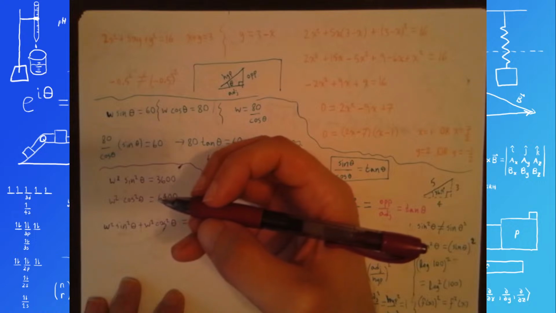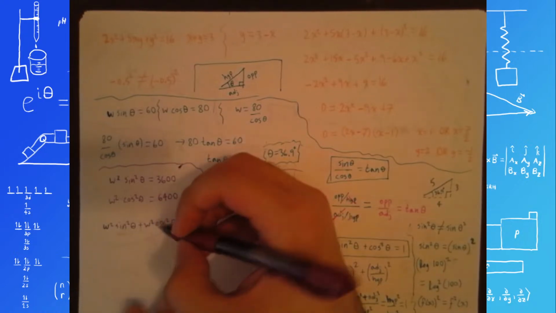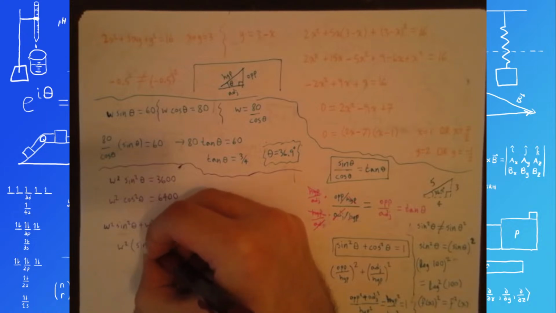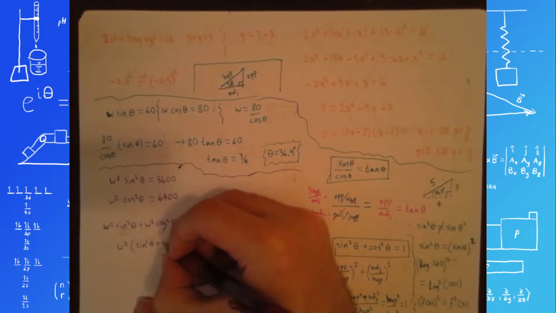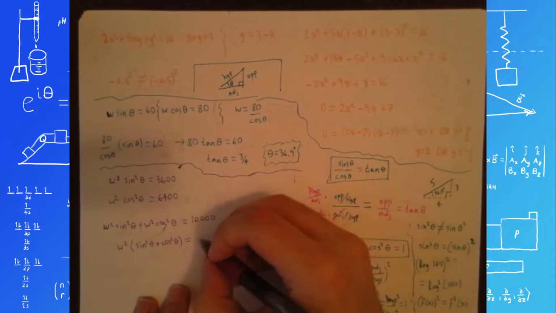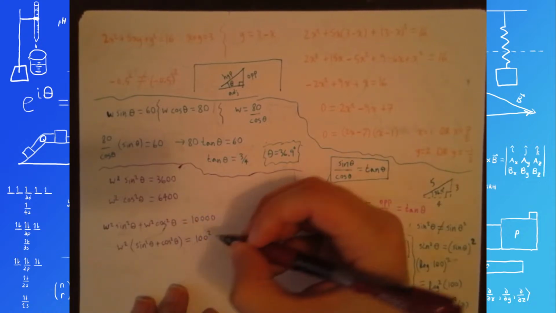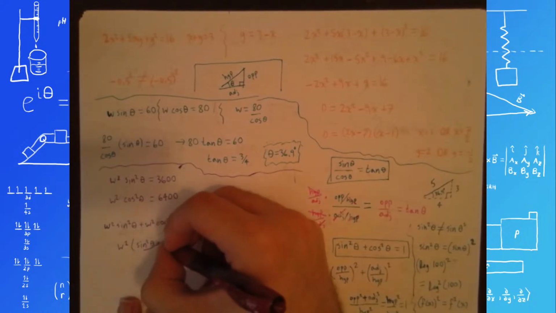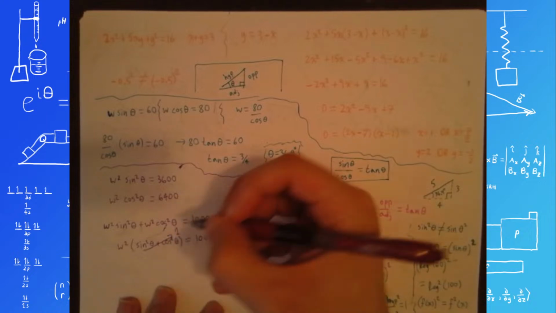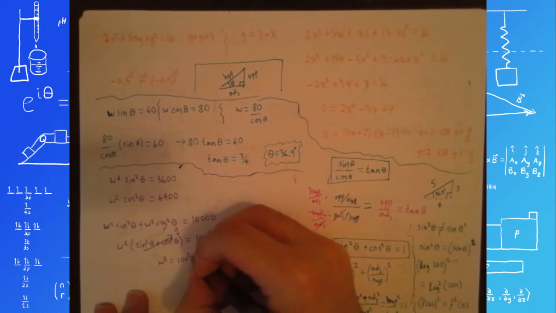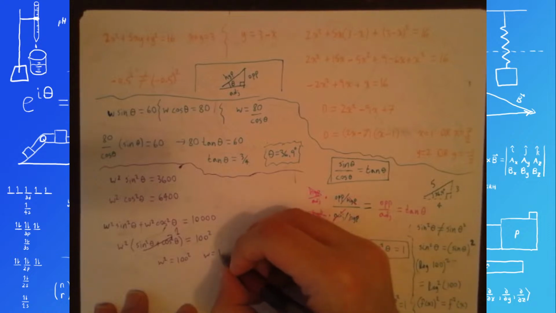And if I factor out the w squared, then I get w squared times sine squared of theta plus cosine squared of theta, which is, as we learned just a minute ago, 1. That equals 100 squared, is how I'm going to write the right-hand side. Okay, so this reduces to a simple 1, and now we're left with w squared equals 100 squared, w equals 100.